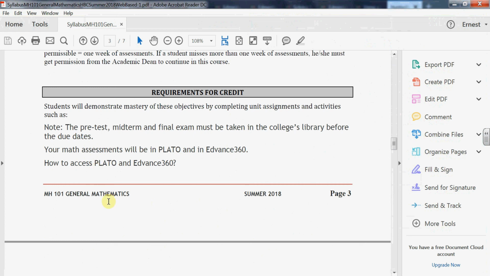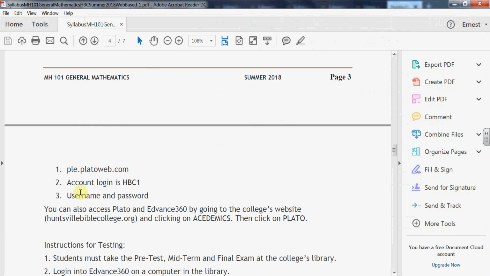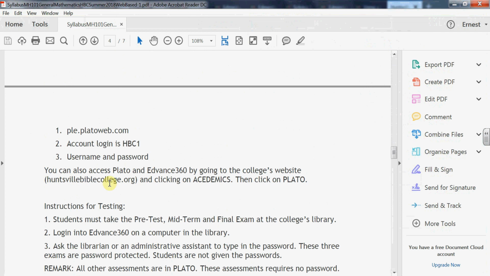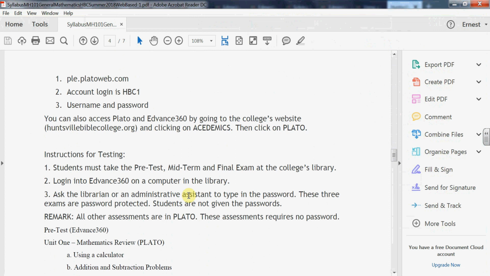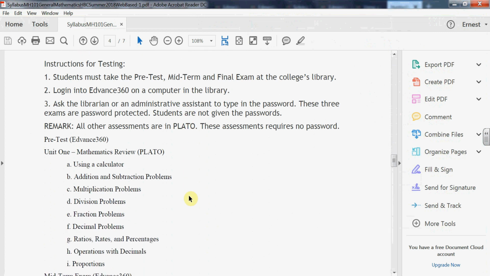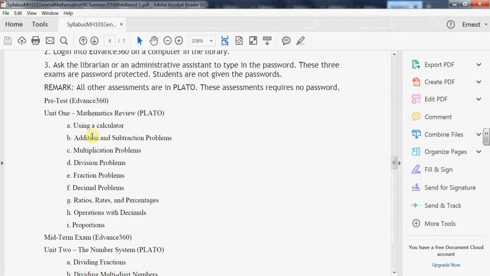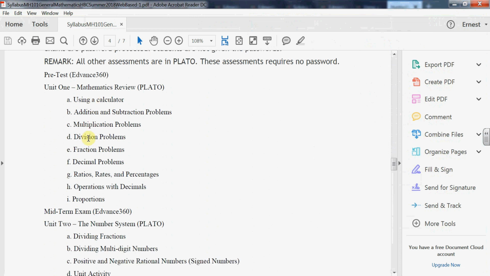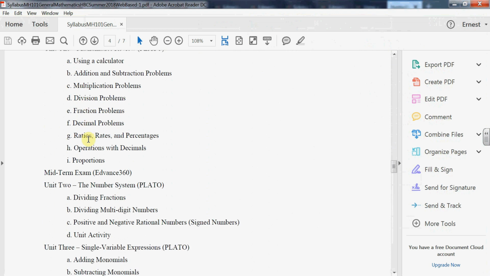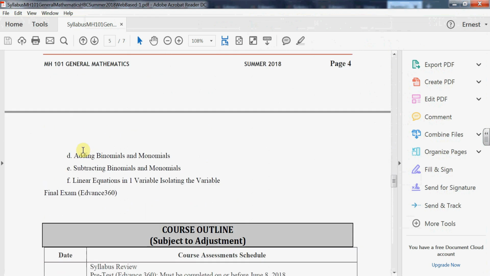Just giving you some login information there for Plato. If you want to go there directly, I think it's easy just to go to huntsvillebiblecollege.org, and then you can access all the information that you need. Also listed in the syllabus would be the objectives per unit that we're going to be focusing on for this course, for Unit 1, Unit 2, and Unit 3.